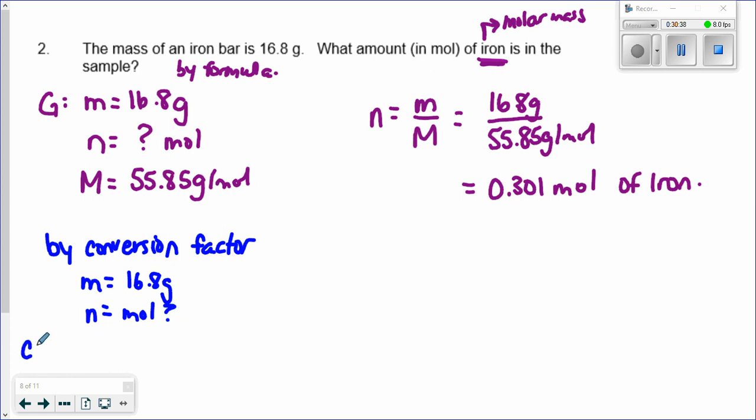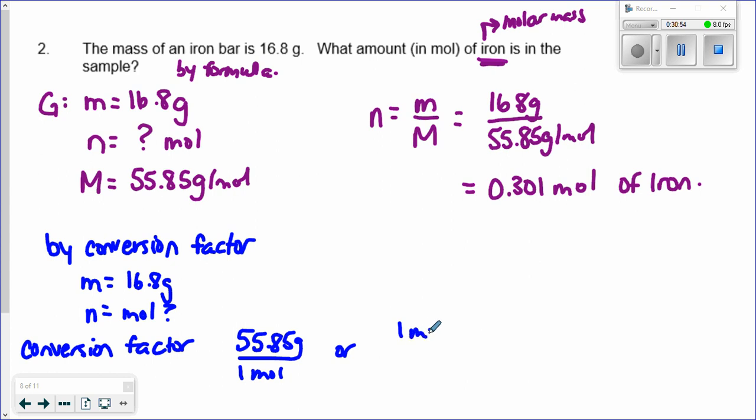Our conversion factor is 55.85 grams per mole, or we can write it as 1 mole per 55.85 grams.